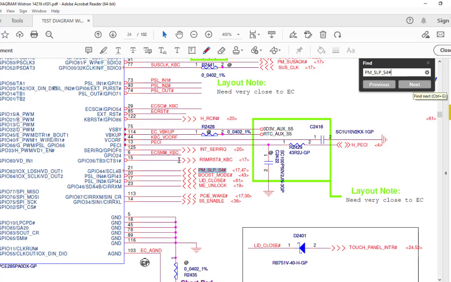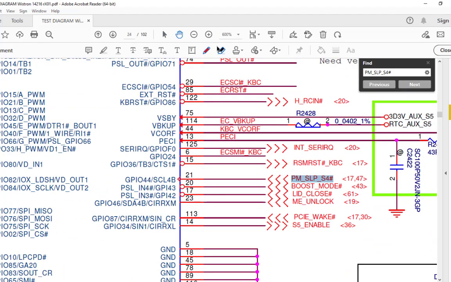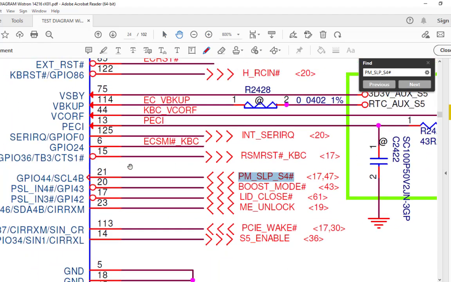So here is my SIO, NPC285, and the pin number is 21. I have to check the signal at pin number 21. 3 volts is supposed to come at this point. If this 3 volt is not coming, that means the CPU is not responding properly.